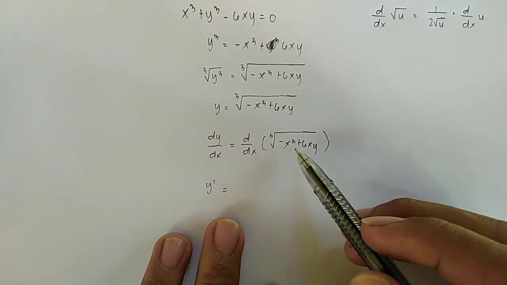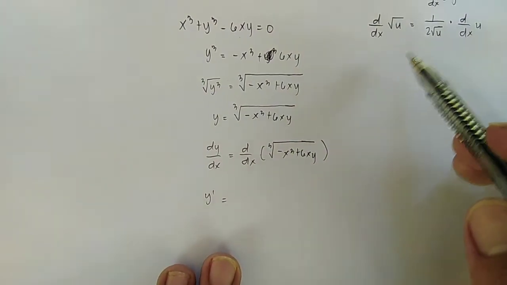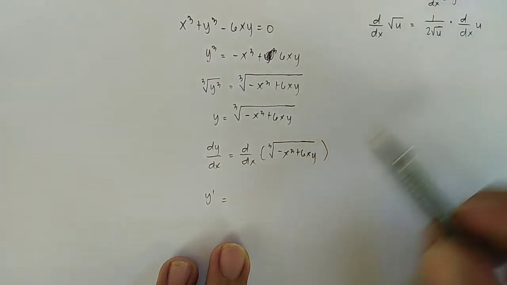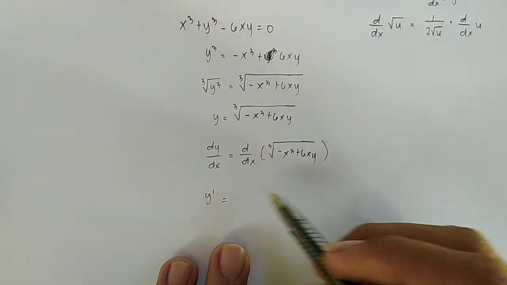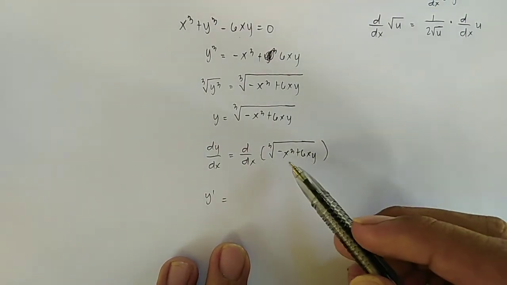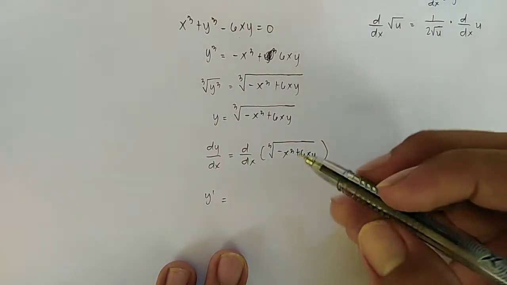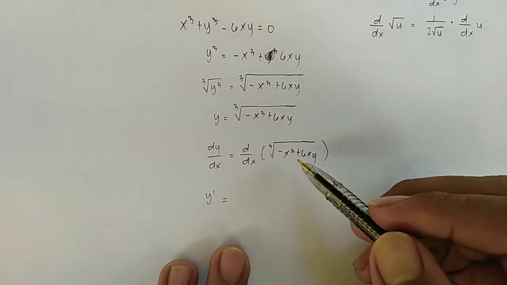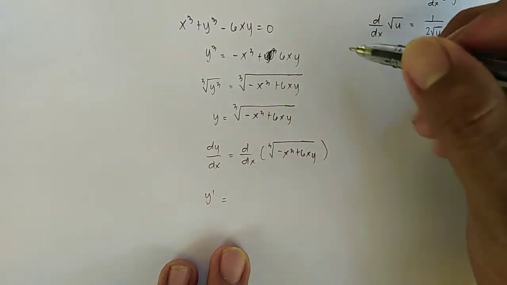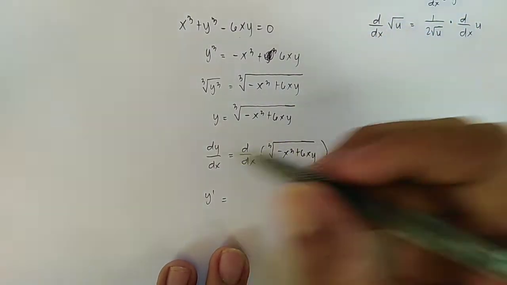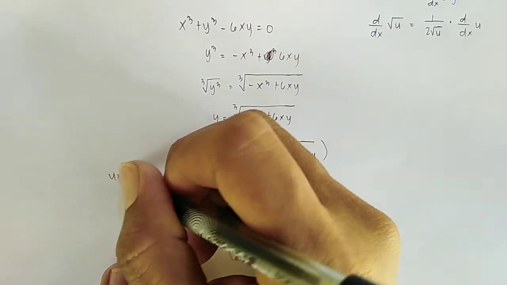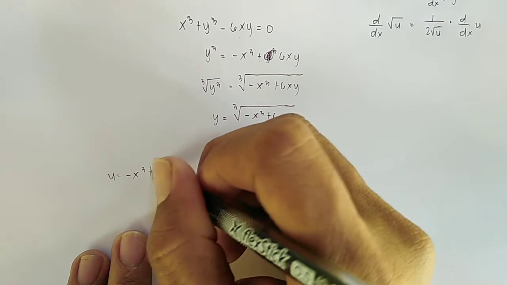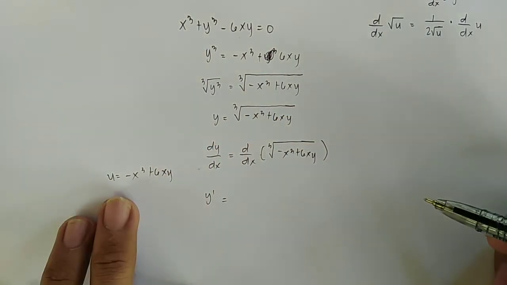Since this is a cube root, you will get 1 over 3. Let us remember that our u in this expression is, let me rewrite it here, u equals negative x cubed plus 6xy. So this is the value of our u.